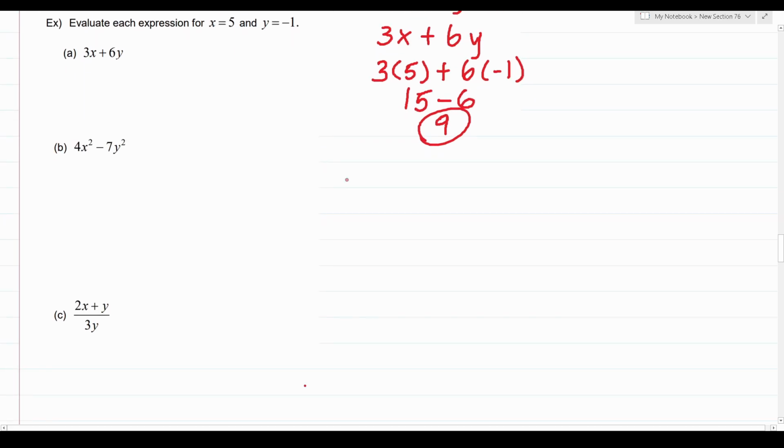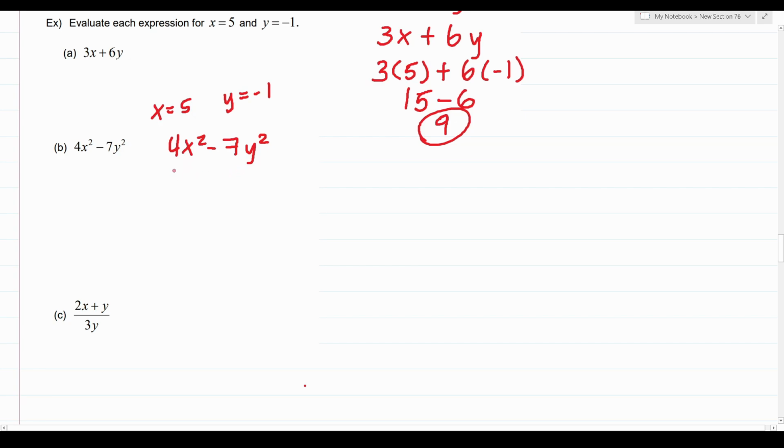Let's go ahead and move on to B here. Again, we're evaluating the expressions when x is 5 and y is negative 1. And our expression in this case is 4x squared minus 7y squared. First thing we're going to do is substitute 5 in for x and negative 1 in for y.